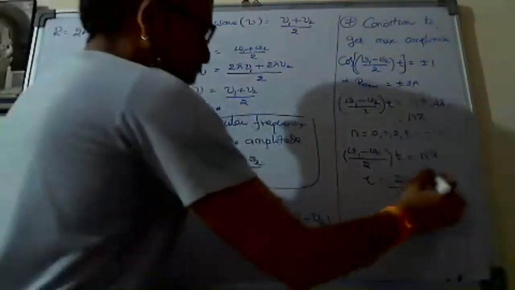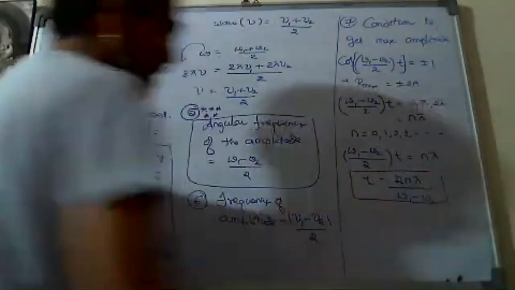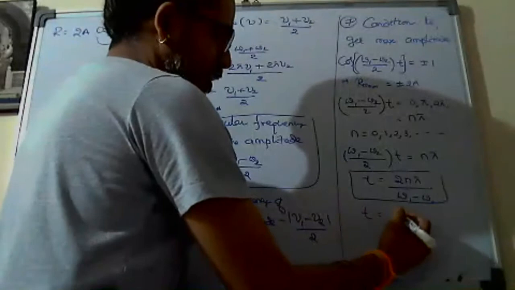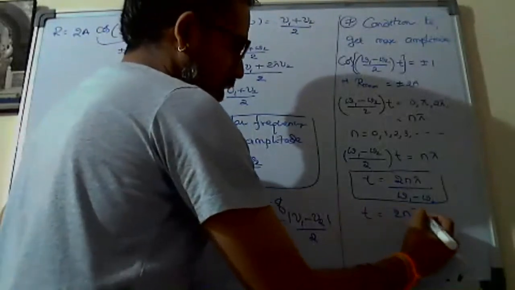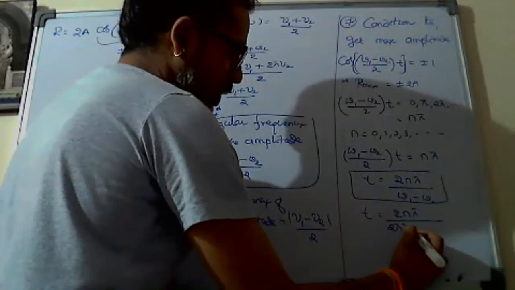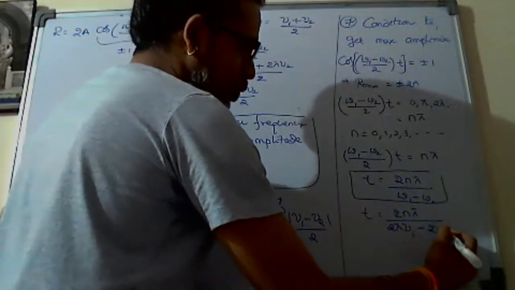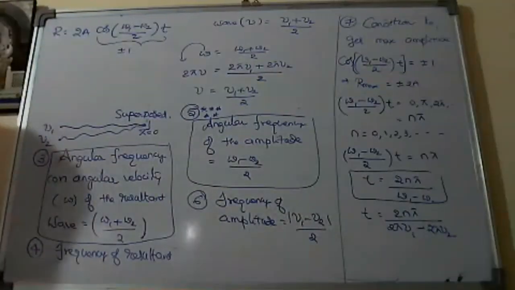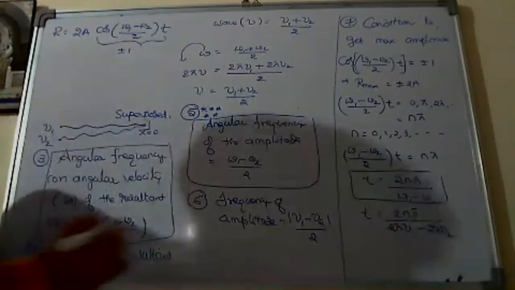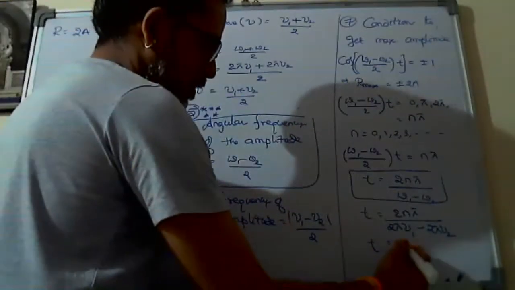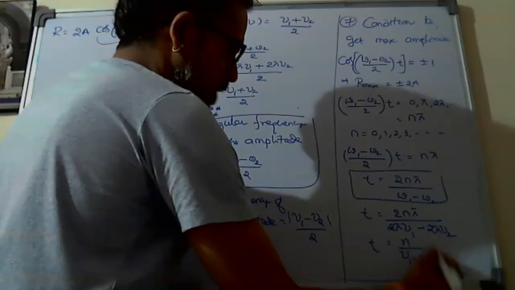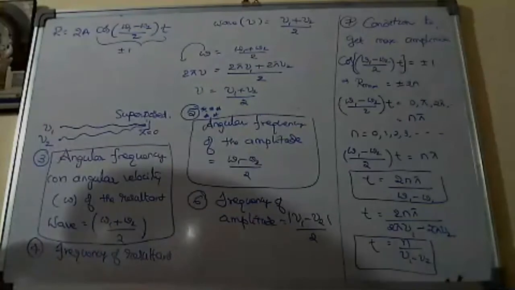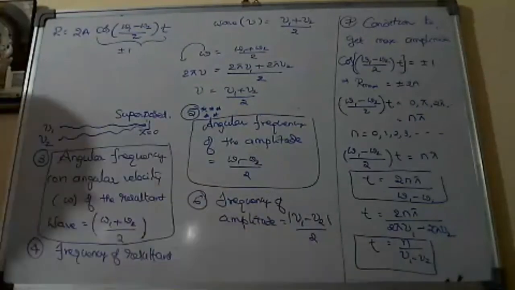But in the exam we need it in terms of frequency, so replace omega with 2 pi nu: omega 1 with 2 pi nu 1 minus 2 pi nu 2. You get t equals n by (nu 1 minus nu 2). These are the times at which the amplitude is maximum.